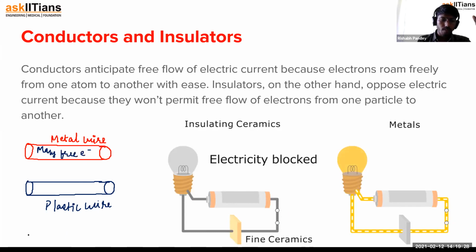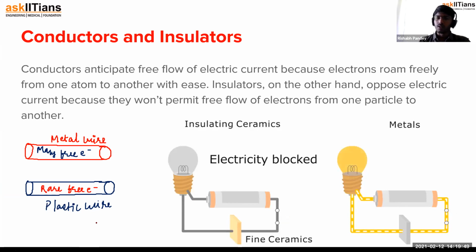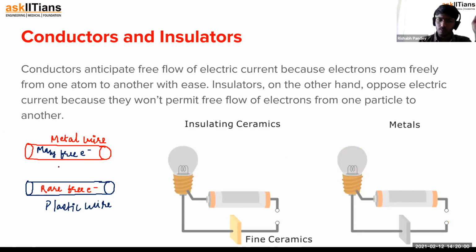But in the case of plastic wire, there are rare free electrons. Since the plastic wire contains very few free electrons, will it allow the flow to happen properly? No, it won't. It won't allow the proper flow of electrons. But if it is a metal wire, it has a large number of free electrons, and the electrons just need a small amount of potential difference and they are ready to move.